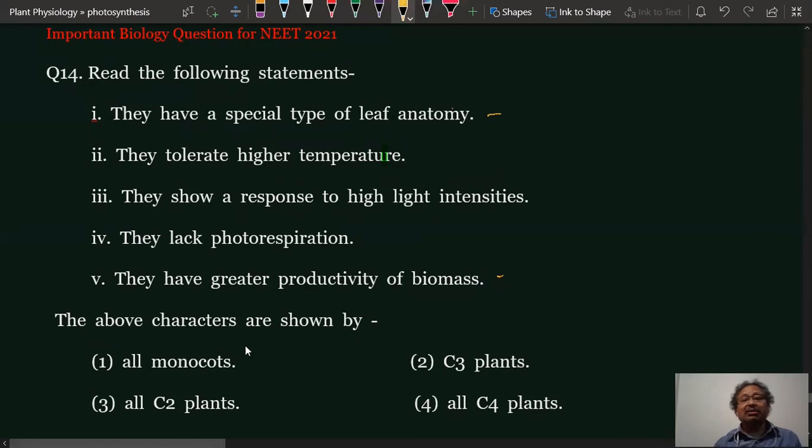The above characters are shown by, options are all monocot, all C3 plant, all C2 plant, and all C4 plant. Option 4 is the correct answer, that is all C4 plant. These are the characteristic features of C4 plants.